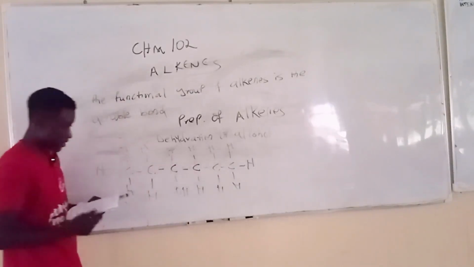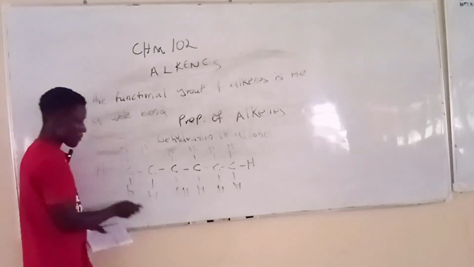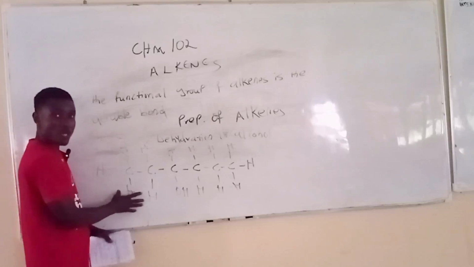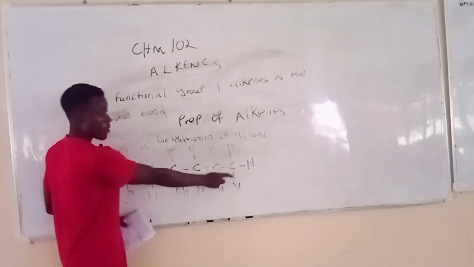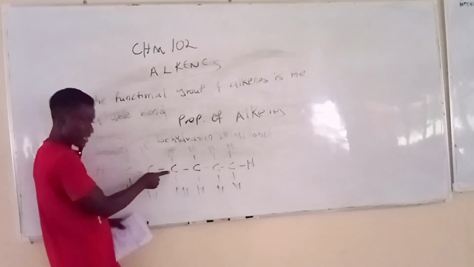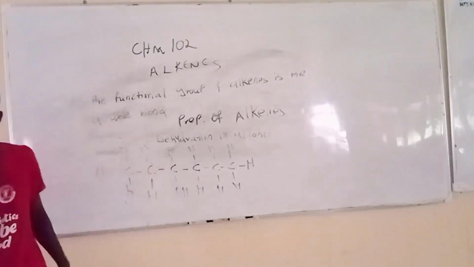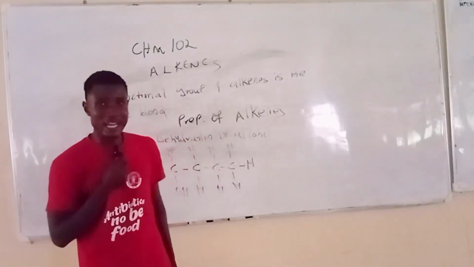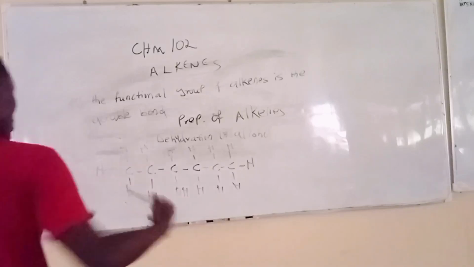If we start counting from our left, we have 1, 2, 3. One of the rules of naming organic compounds is that we give respect to the least possible number where we can get the substituent.